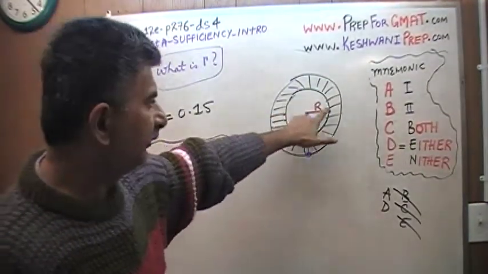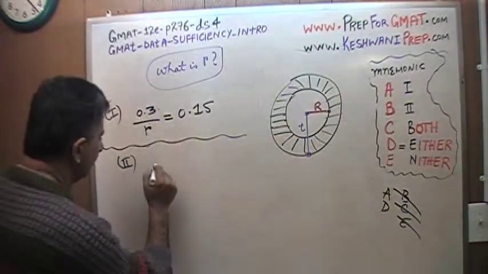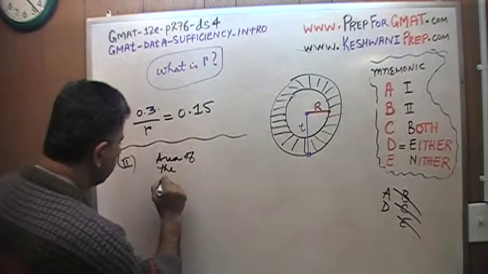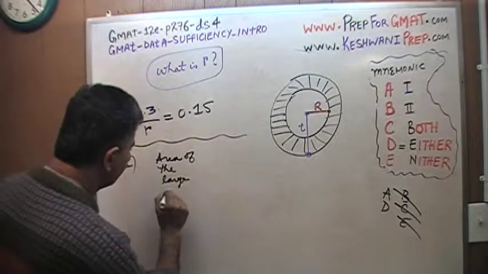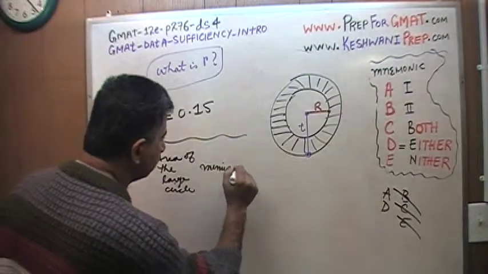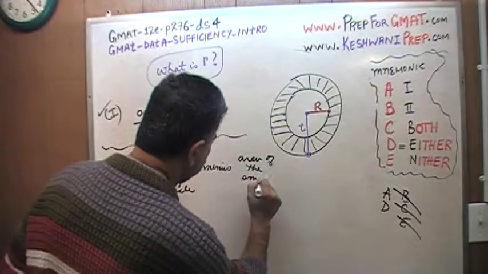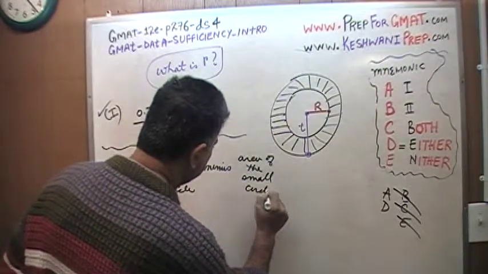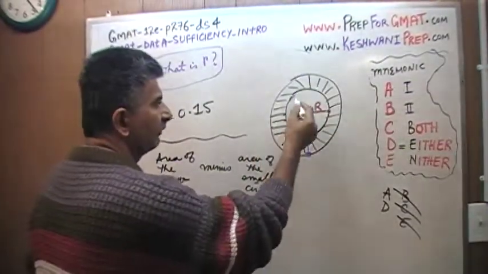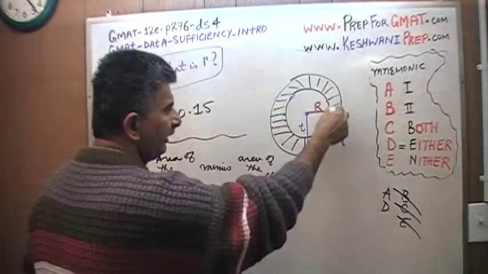First we have to find the area of the large circle and the area of the small circle, the inside circle. You take the area of the large circle and subtract from it the area of the small circle, and that leftover is going to be the area of the concrete part.